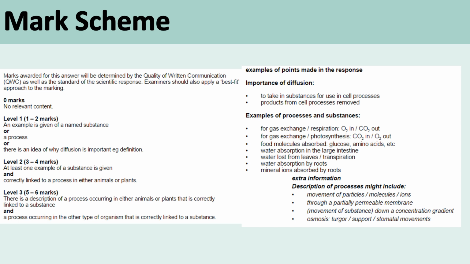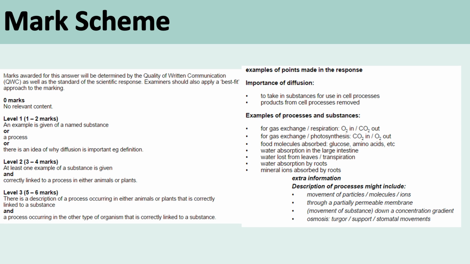And to get the top level, level 3, you've got to have a description of the process occurring in either animals or plants that is correctly linked to a substance. So what is it that is diffusing? And a process occurring in the other type of organism that is correctly linked to a substance. So you need to be talking about 1 for animals and 1 for plants, an example, and what it is that is actually moving. On the right-hand side, you can see that there are some examples of the things that you could be talking about.